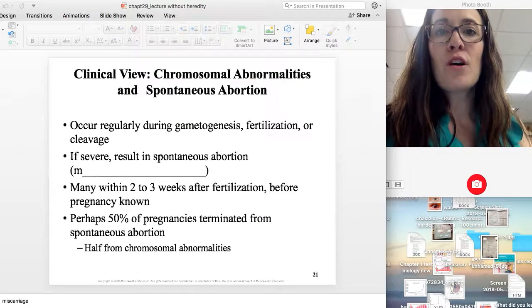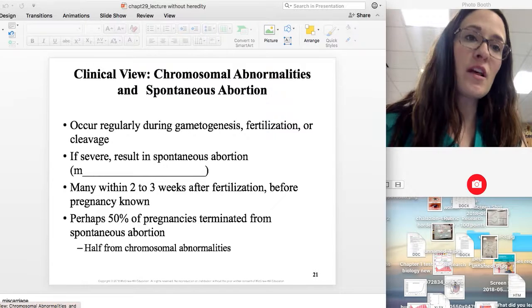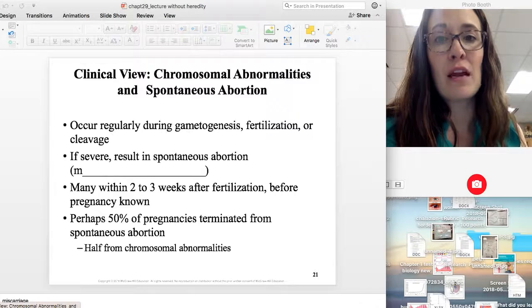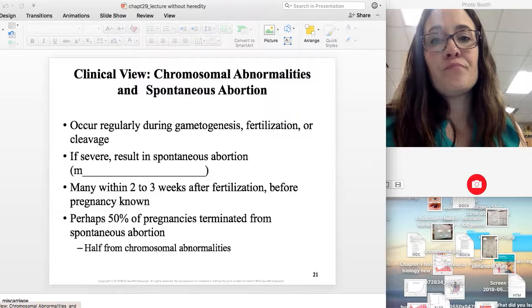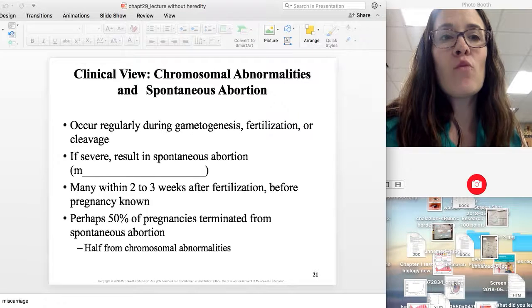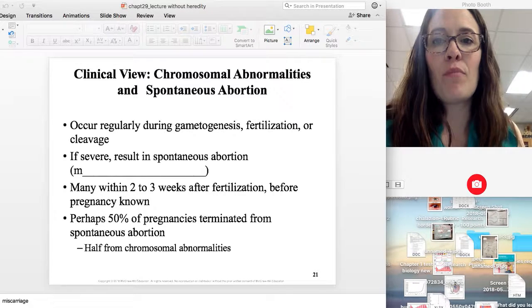All right, so there are potential problems that can happen in the first 3 months of pregnancy. And any woman can have this happen, any couple.